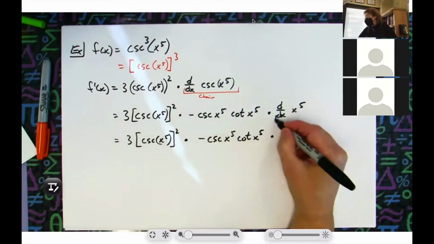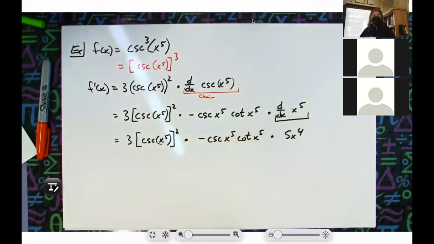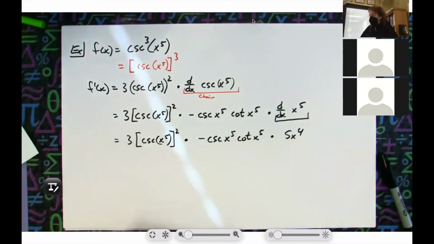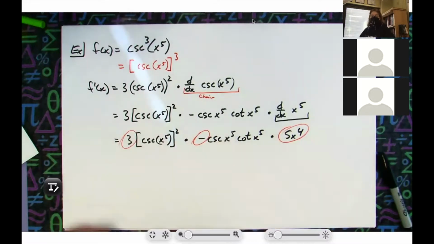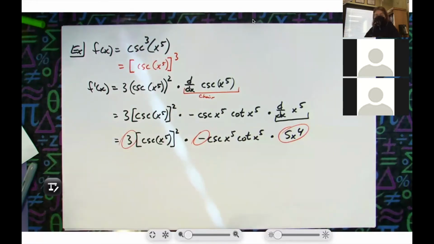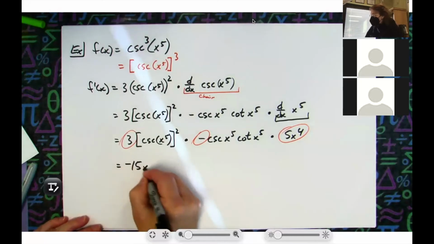My last derivative here is going to be a straight derivative, 5x to the fourth. Okay, so let's pull out this 3, the negative, and the 5x to the fourth, because those are all kind of coefficients. Let's pull those all out in the front. So we'll have a negative 15 x to the fourth.